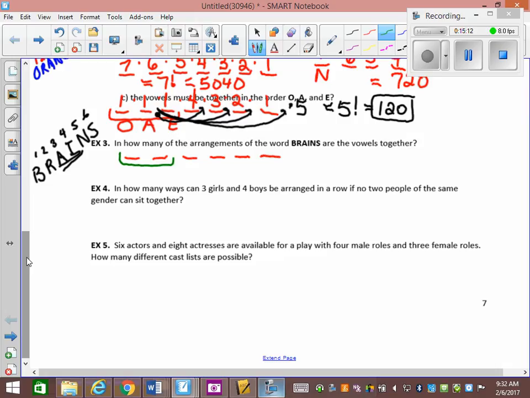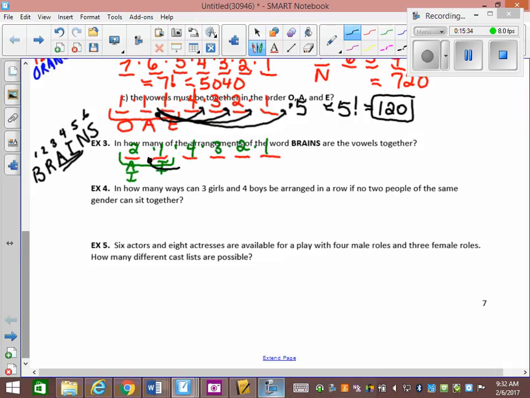Put them together. Then I have, it doesn't say vowels together in a certain order, does it? So I have A or I here, so 2. Say I keep A there, then I'd have I here, so 1. And then I have 4, 3, 2, 1. And I have to remember, it just says together.